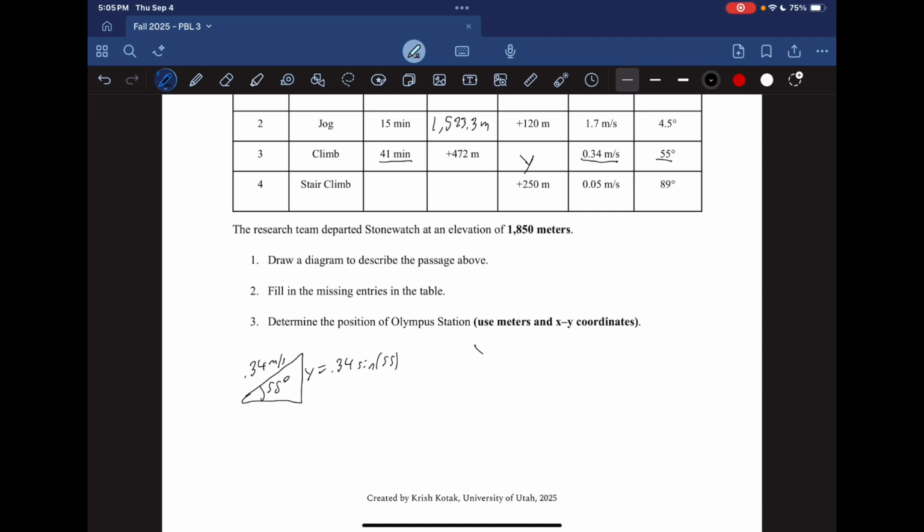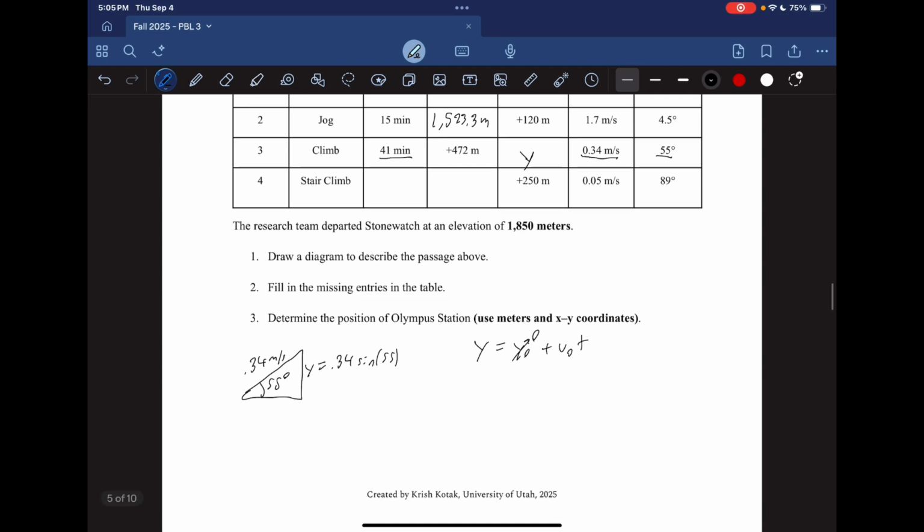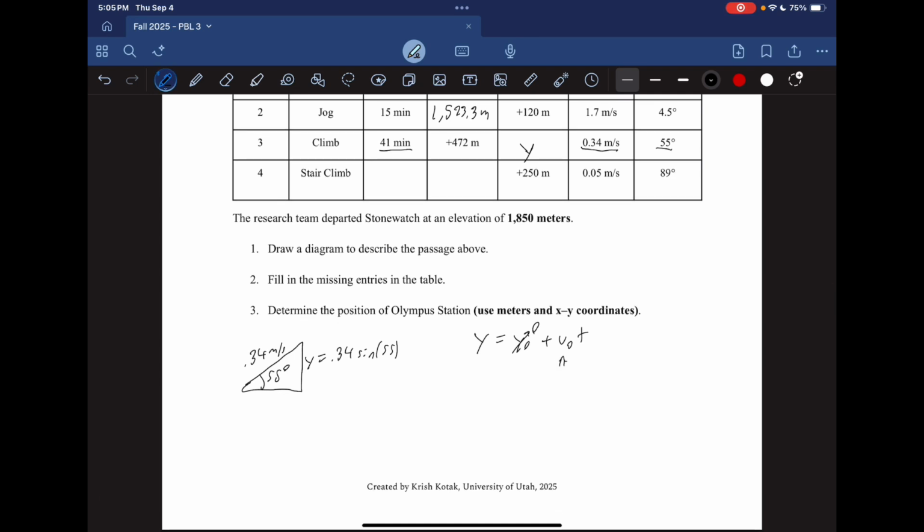Using the same equation from earlier, we're going to say y is equal to y naught, which we're going to set equal to 0, since we're just worried about displacement again, plus v naught t. V naught is the initial velocity, but since it's a constant velocity, we can just use our 0.34 sine of 55.